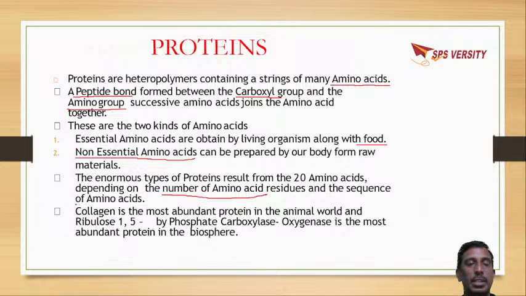For example, collagen is the most abundant protein found in animals. And ribulose 1,5-bisphosphate carboxylase is the most abundant plant protein.